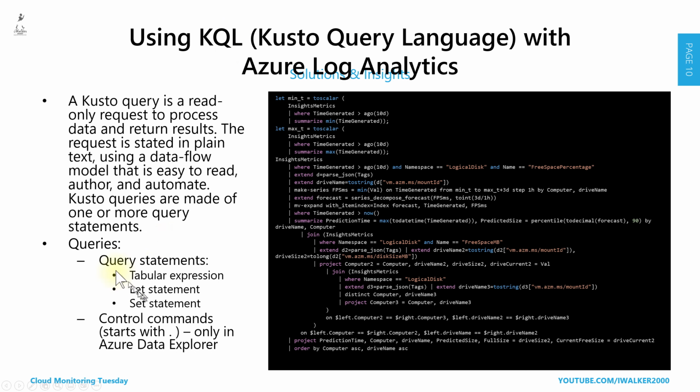So you can write the query with a statement like a tabular expression. You can see this tabular expression here in this example, where you can see the name of the table. Why do I need this table? It's exactly the question. Yes, you need to know where the data will be stored by each solution, or directly by Azure Monitor, right?